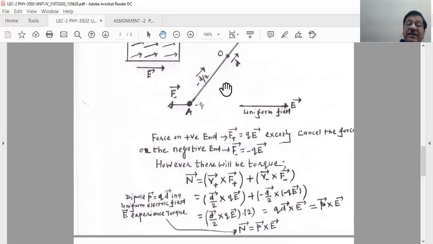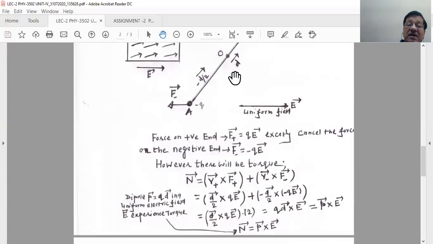Now the torque, as I mentioned, is equal to 1 upon 2 vector D cross F plus, the force acting on the positive charge, which I can write as Q into E, plus R minus, which I mentioned.